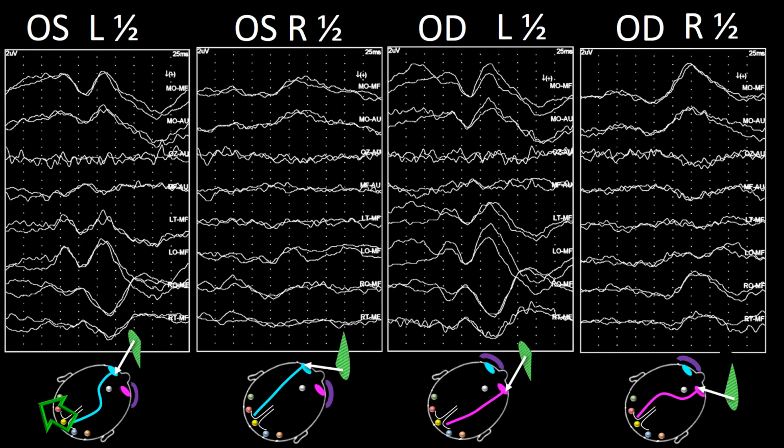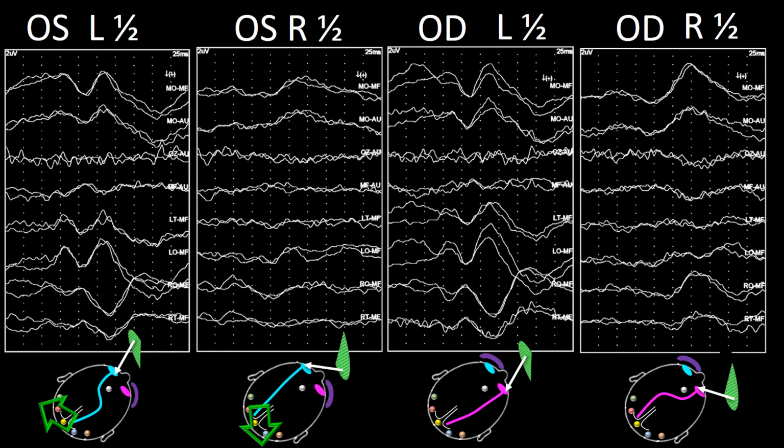The vector of the field of the left eye, left hemifield, goes to the left, as you can see in the green arrow.